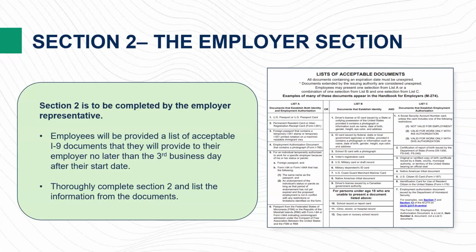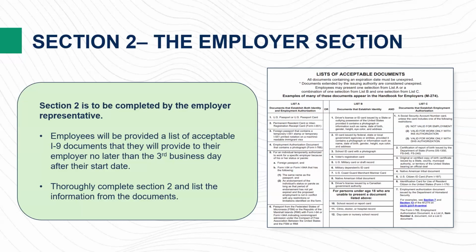So here's that list of acceptable documents. This is page 2 of the I-9. These are the only acceptable documents the employee can present to you, okay? And again, you absolutely 100% cannot tell them what documents to bring. You can only supply them with this list of acceptable documents.